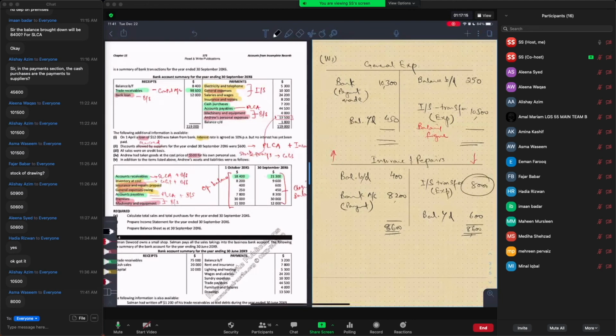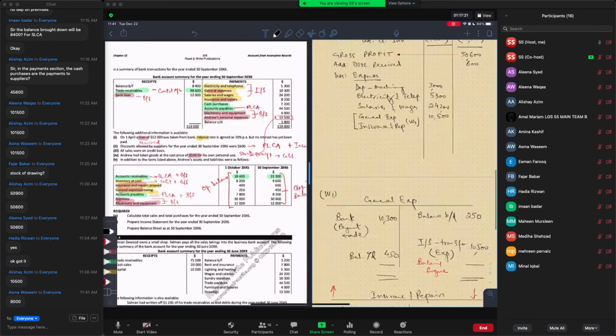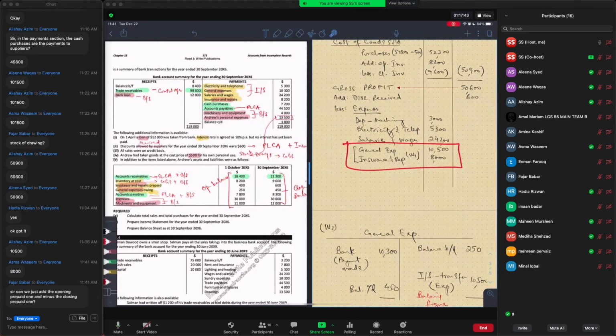And that is what we will place here in the income statement. So insurance and repairs expense is going to be placed as $8,000. So give me a green check if you understand how to calculate the actual expense out of a double accrued or a double prepaid expense account, right? Double means that it existed last year and this year as well. And yes Asma, thank you, right?